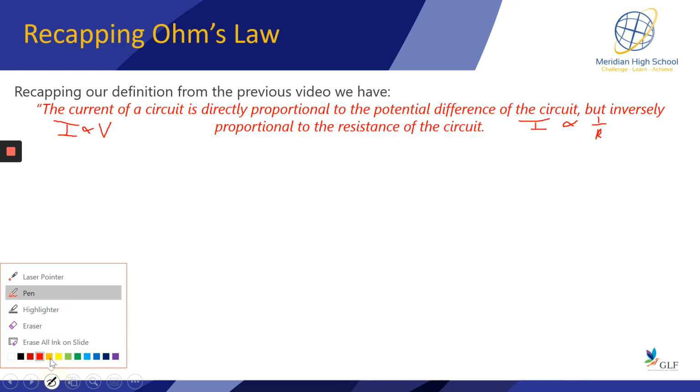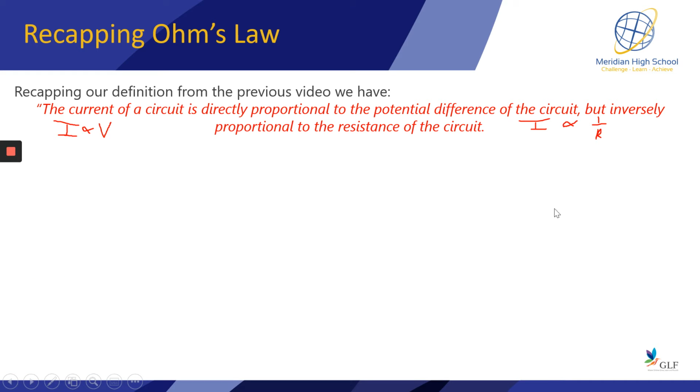This is what we developed last time, and this led to our equation, which gives us V, our potential difference, is equal to our current times by our resistance, which is R. So I is our current, and our resistance is R.